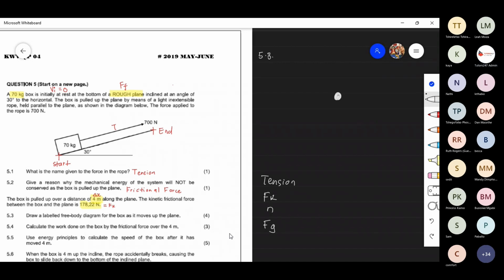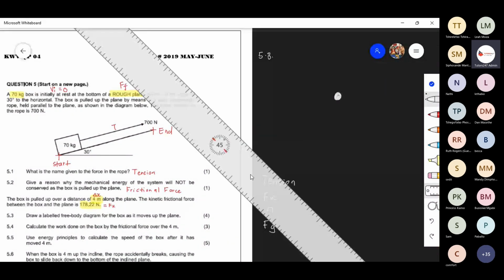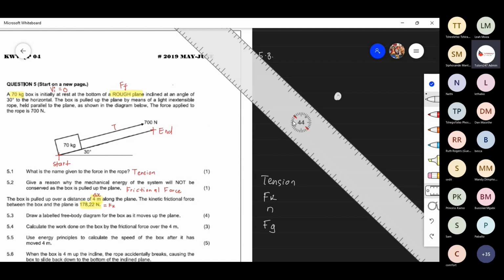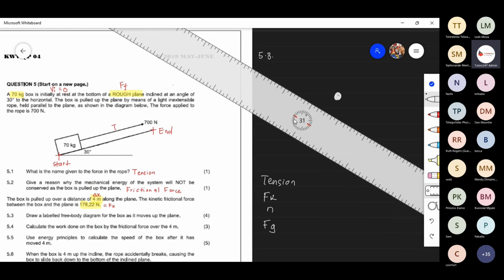Before we even draw our vectors, something that I like to do when I'm dealing with an inclined plane is to draw my incline. So in a dotted line, I am going to draw the inclined plane.